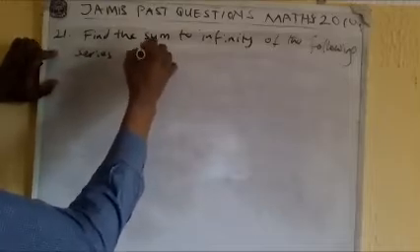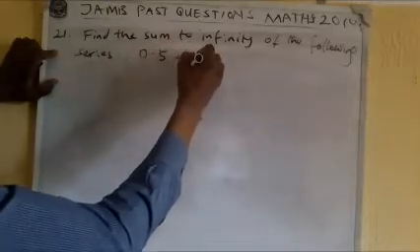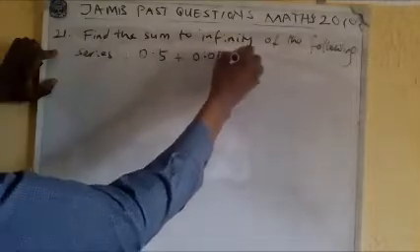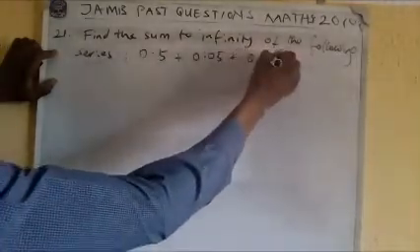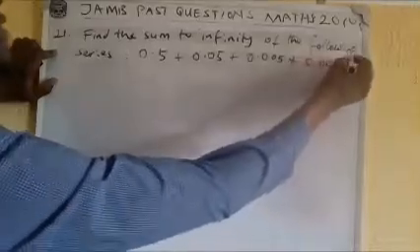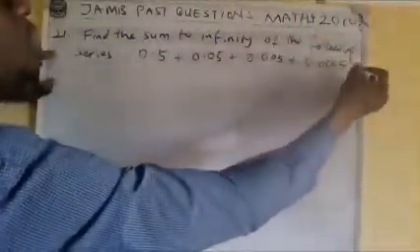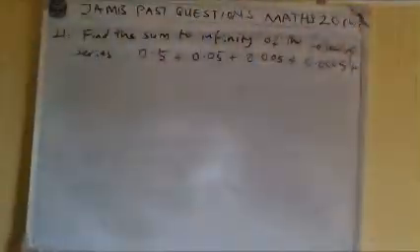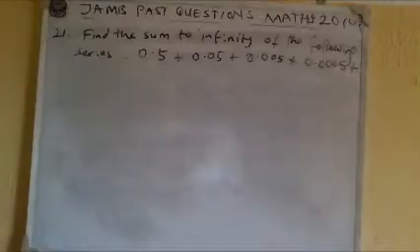This is the series 0.5 plus 0.05 plus 0.005 plus 0.0005 and so on. It continues. Okay, so that's the series on the board.